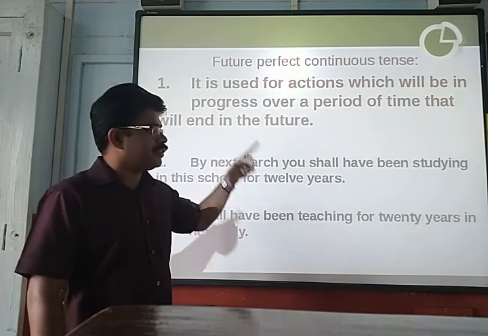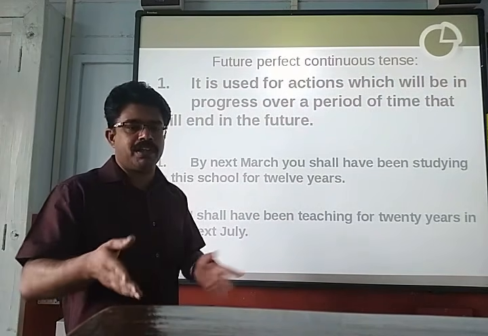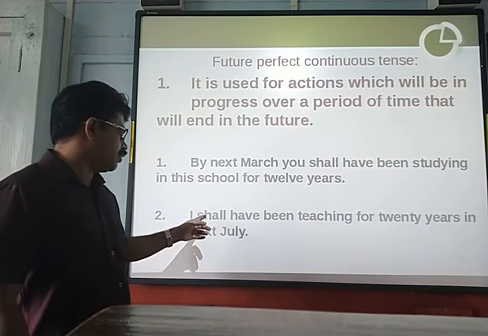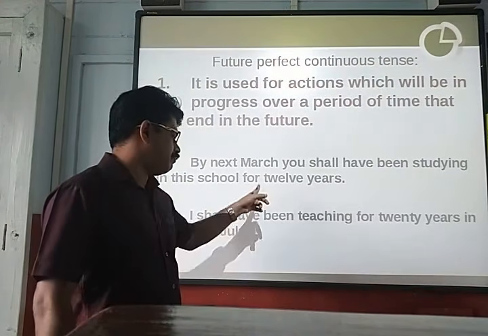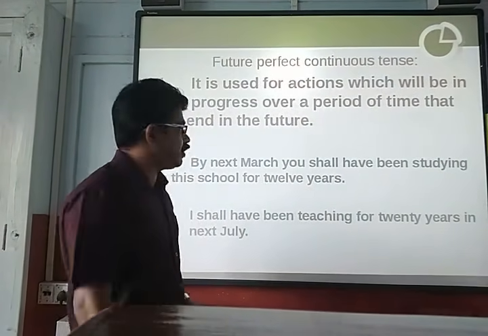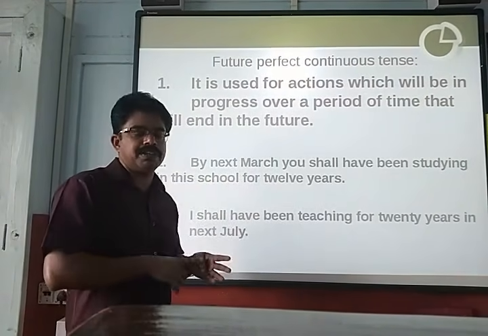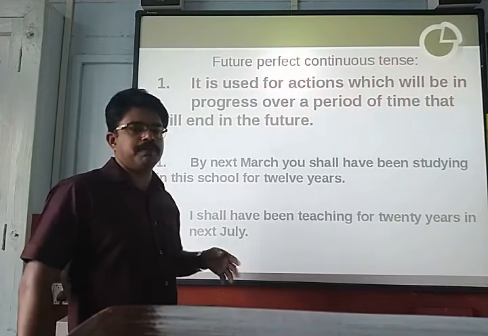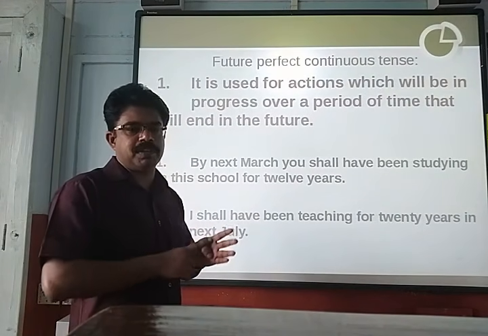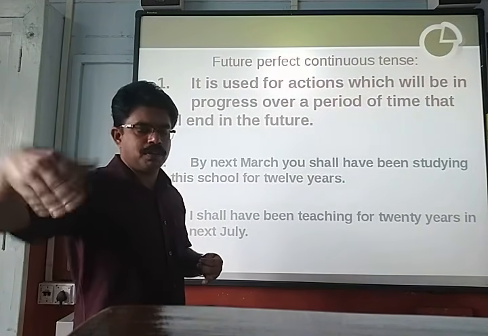Now if you can sit at home and recall the structure, I am not going to give you the structure. Basically what we generally say is I plus shall plus have plus been plus the ing form of the verb. Those usages we already studied in smaller classes, or in the simple present tense we say subject plus first form of the verb plus object, subject plus is, am, are plus ing of the verb plus object.